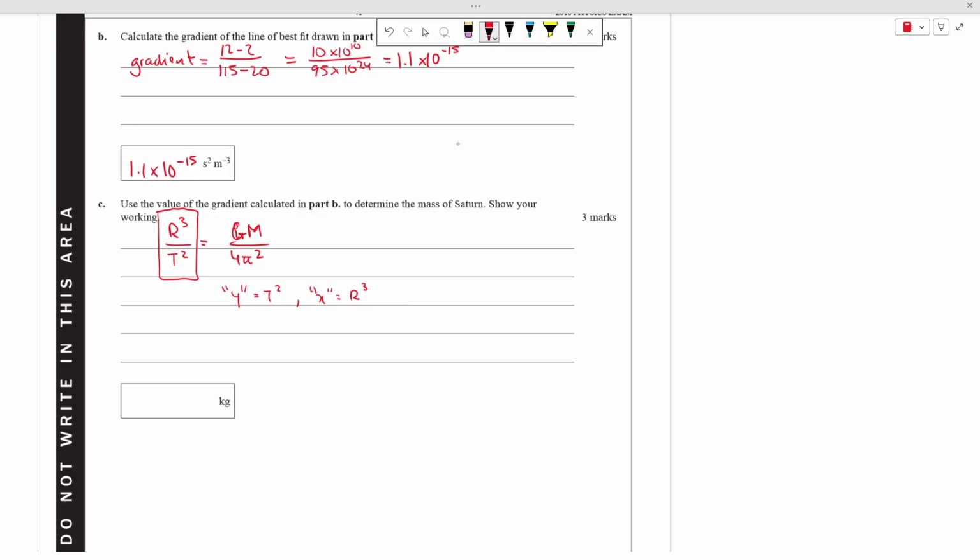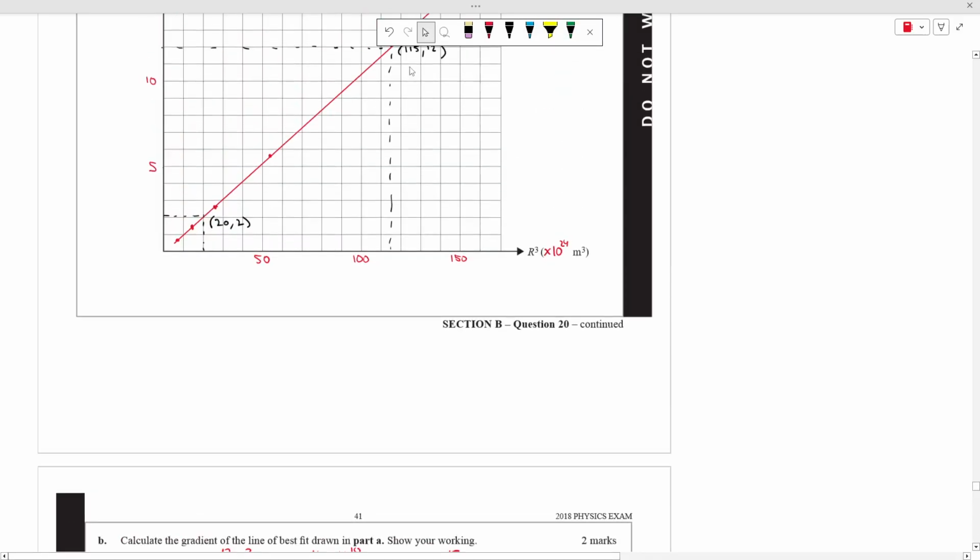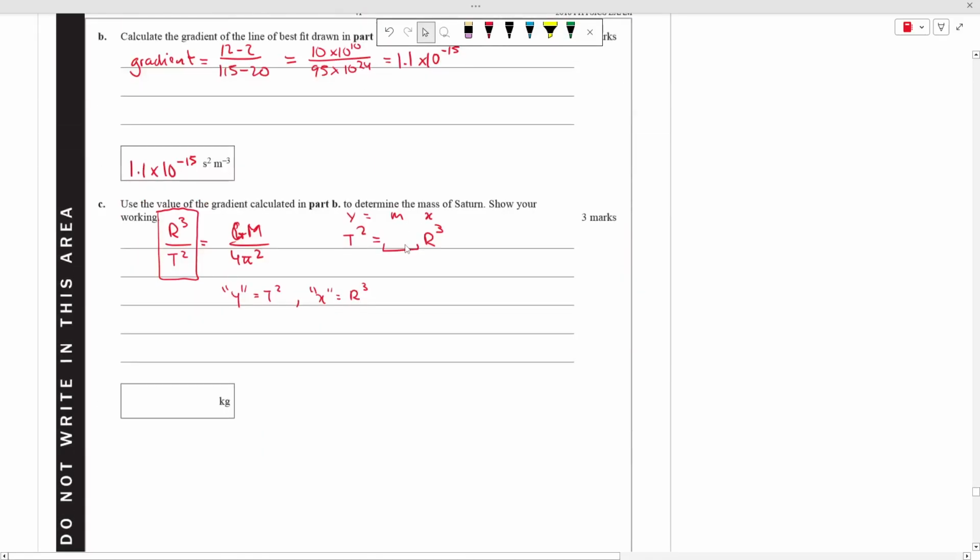So what we would like is a formula in the form t squared equals something times r cubed, because that's y equals mx, and that's the equation of a straight line, which is what we appear to have. So what stuff has to go here? Well, that's me now rearranging this formula to get t squared on its own, and then a bunch of stuff in front of r cubed.